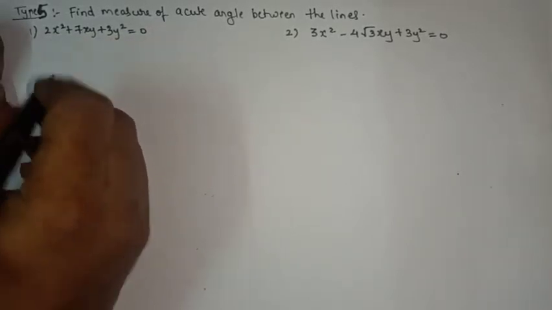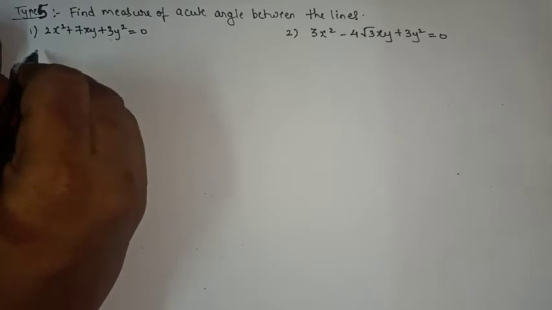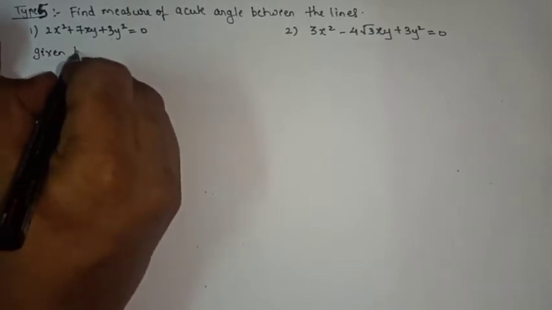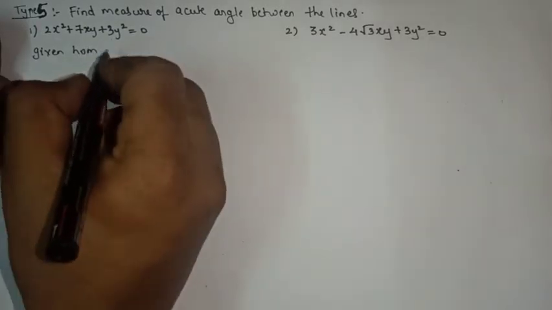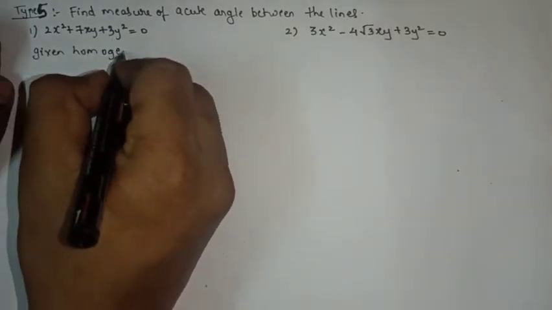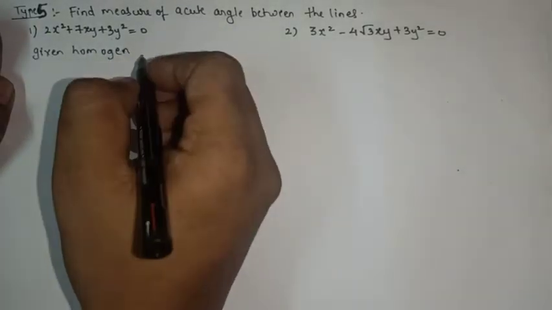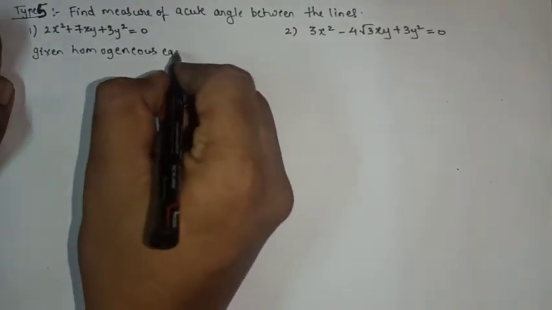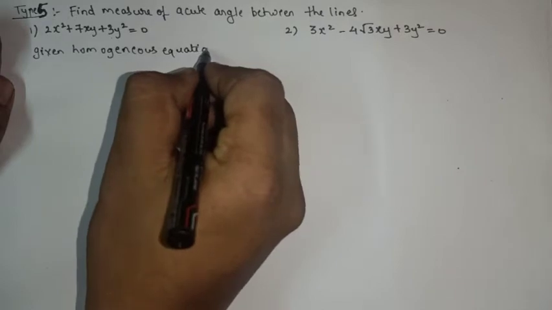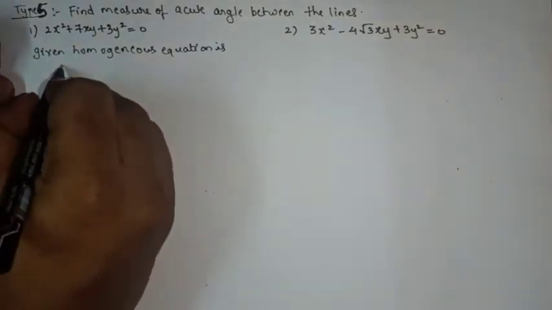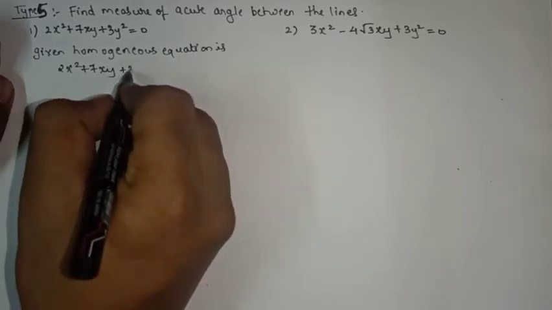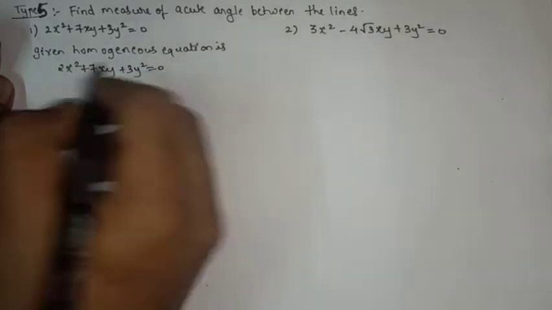A homogeneous equation. So we'll write, given homogeneous equation is 2x square plus 7xy plus 3y square equals 0.